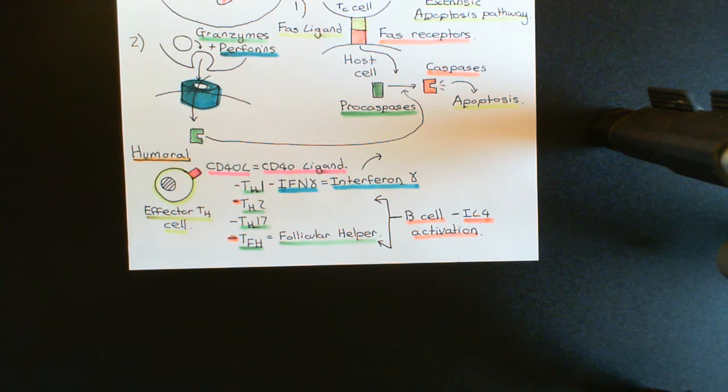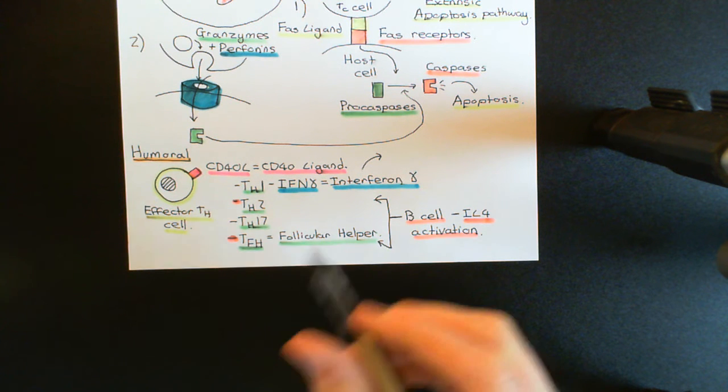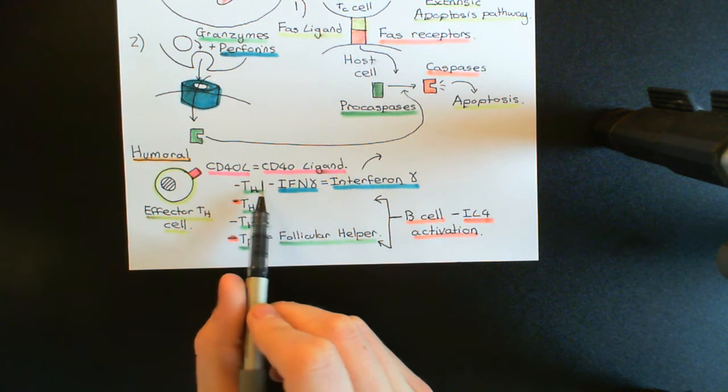In the previous time when Voldemort was rising to power, and then Voldemort was beaten by Harry and everything started falling, Barty Crouch gave the Aurors the powers to kill rather than just to capture. And I think that's analogous to what the T helper 1 cells do to macrophages.